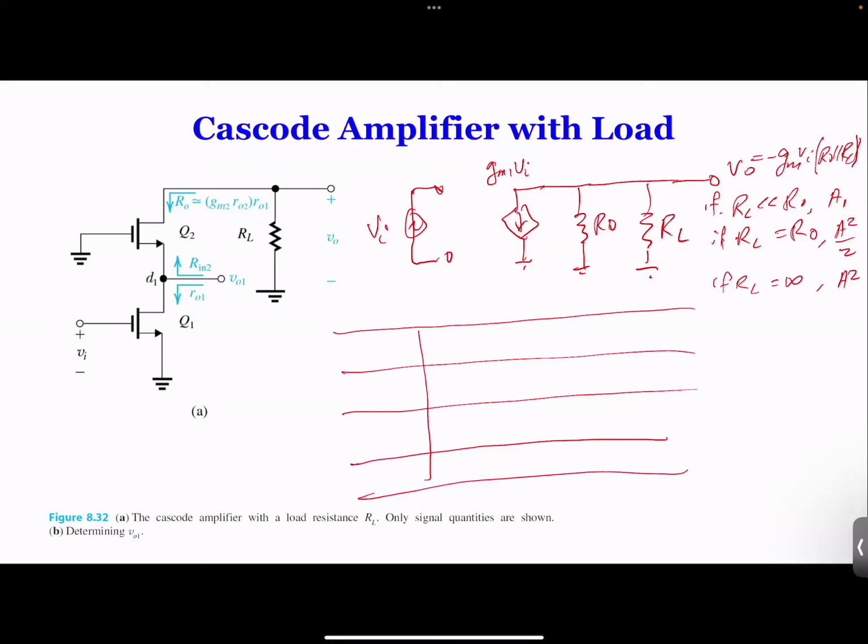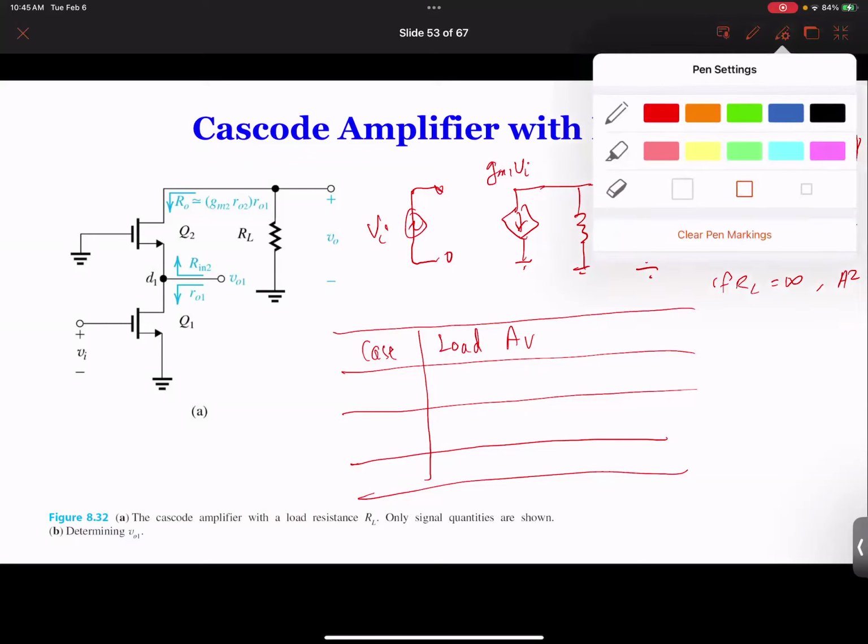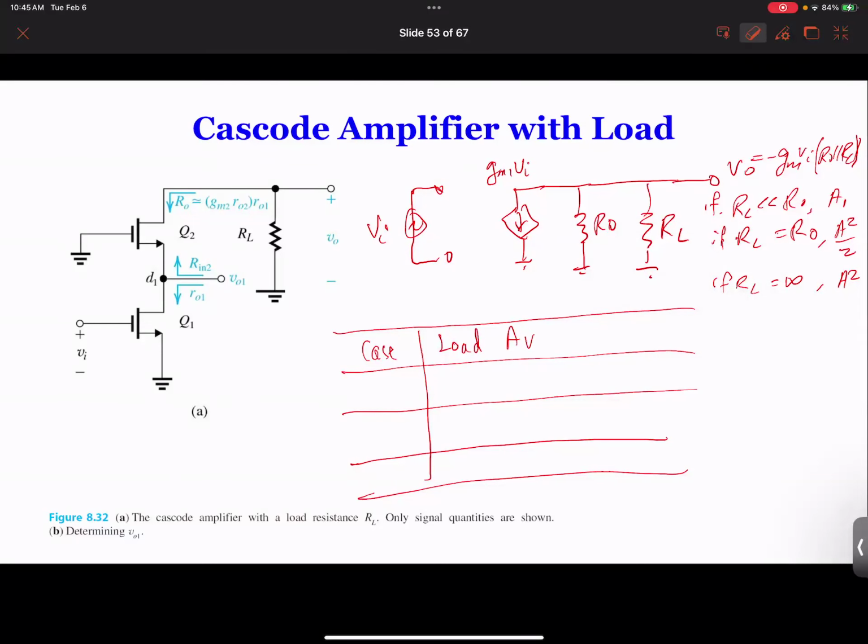So if you have a case and you have a load, there are some other things you can list in the table, but the case is if RL changes, then your resistance will change.